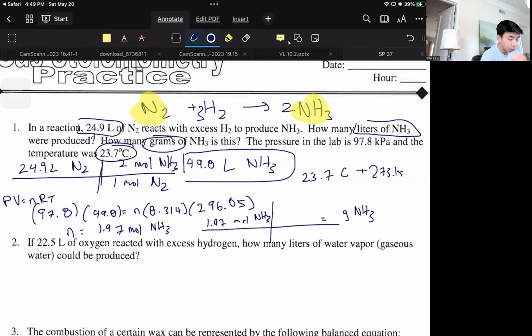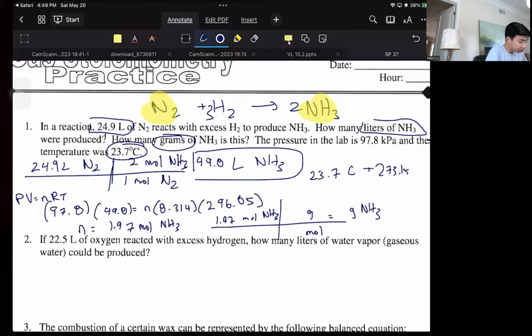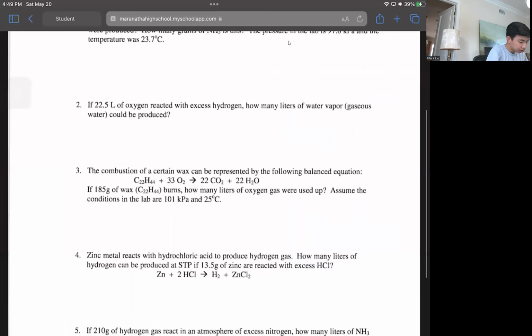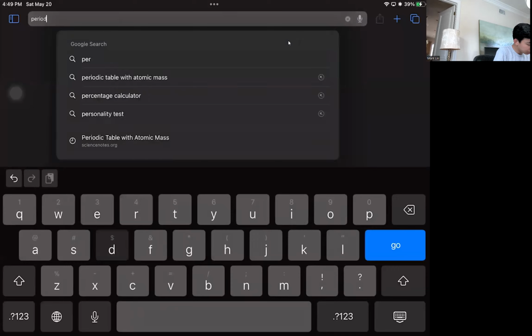It's what you want over what you have. What you want is grams, what you have is moles. This is NH3, so this is grams over moles, this is molar mass. The molar mass of NH3, let's calculate this real quick, here on the table.